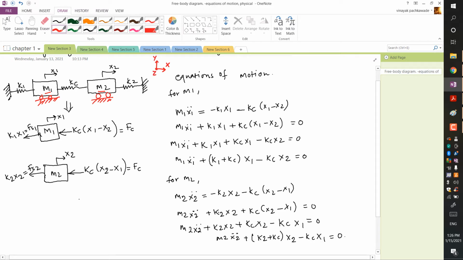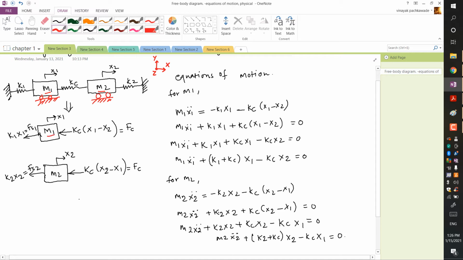We assume that the movement of this physical system is constrained only towards the x direction. They are not allowed to move in the y or z direction. In that case we can have the free body diagram for each object individually, m1 and m2.